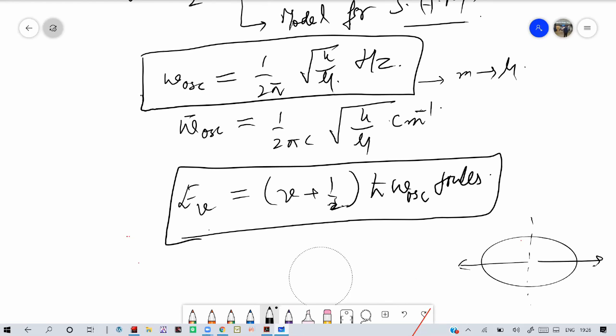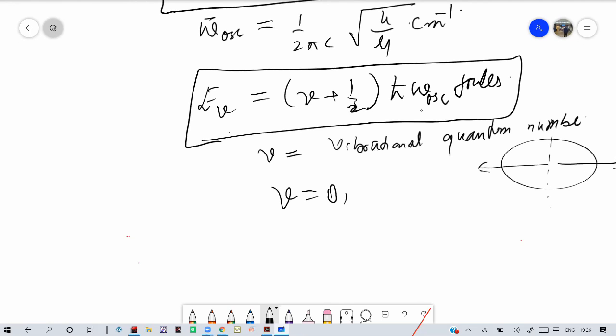And if this is its mean position, it can go here or here. For a simple harmonic oscillator, the energy is given by this expression, (nu plus 1 by 2) h cut omega, where nu is the vibrational quantum number, and this goes 0, 1, 2, 3. This is a quantum mechanical effect, which is not explained by classical mechanics, which gives the energy h cut omega only.